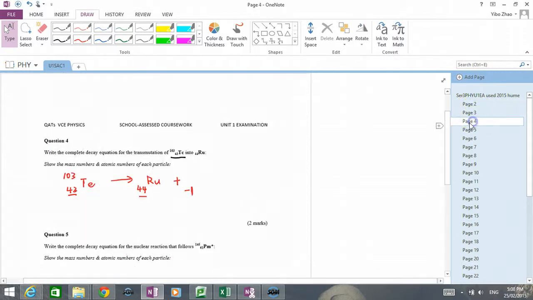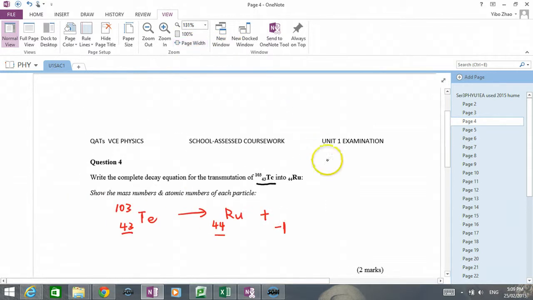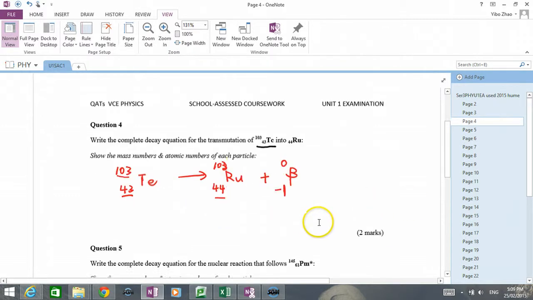So from this information, this element goes under beta decay. The mass number of the beta particle is 0, so the mass number 103 must be 103 here, because 103 plus 0 gives me 103. So this is another equation for question 4.